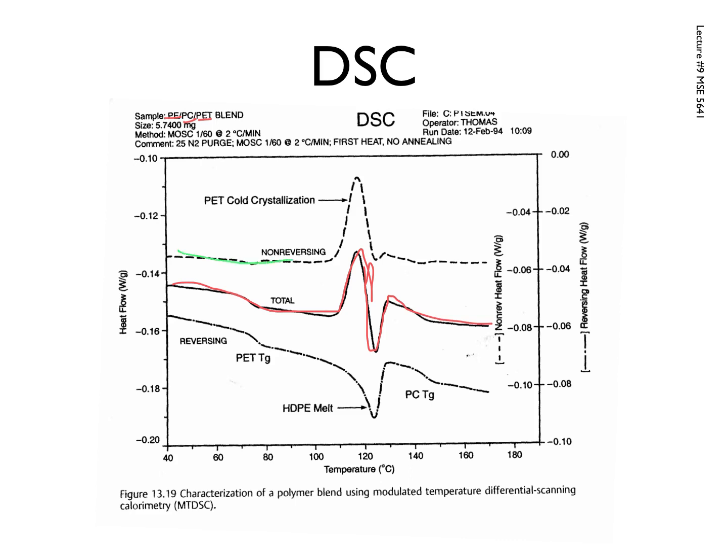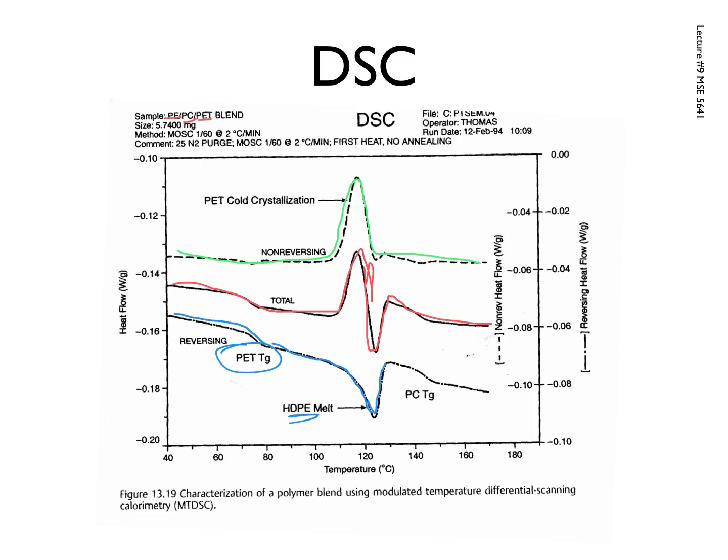And so the non-reversing shows us this cold crystallization for PET. But then if we go back and look at the reversing components, again we see the glass transition for PET, at relatively low temperatures. And then we see, in this context, the energy associated with the melting of the polyethylene component. Polyethylene is recycling number 2.